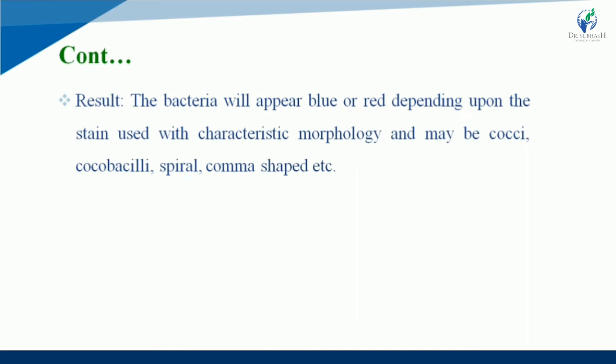Bacteria will appear blue color or red color. How does it appear blue or red? It depends upon the stain used, with characteristic morphology. And bacteria may be cocci, cocobacilli, spiral or comma shaped, etc.